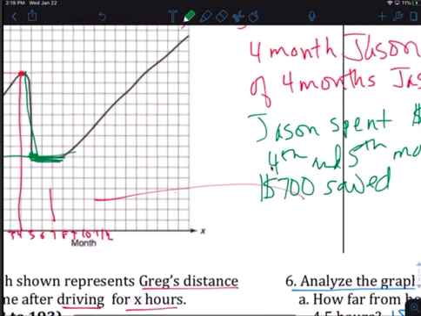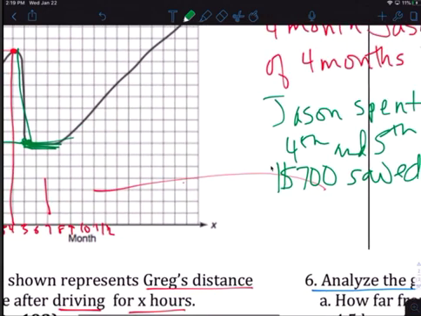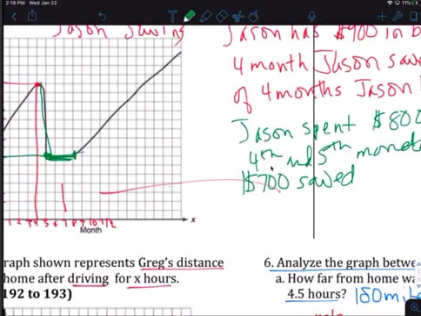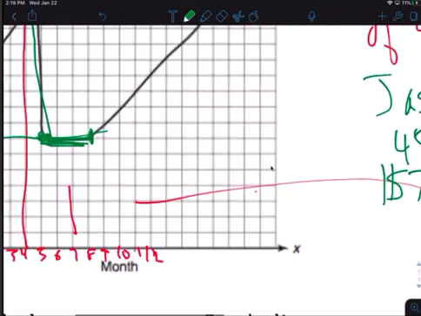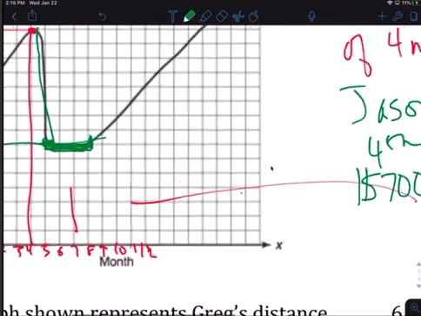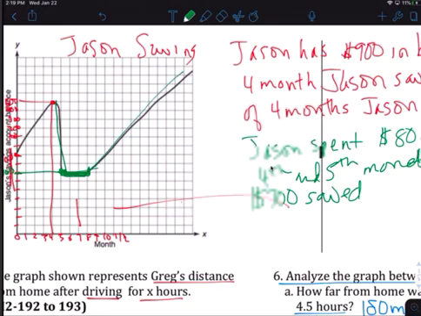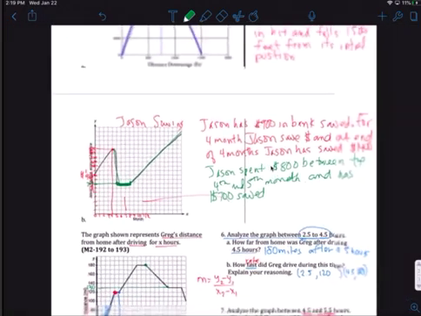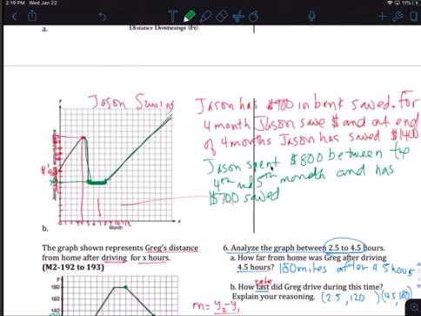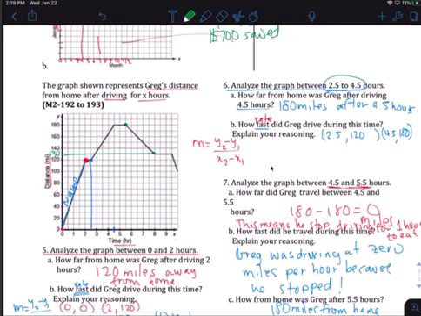Okay, for 5 to 8 months, Jason didn't save or spend any money. And after 8 months, Jason starts saving money every month and doesn't spend anything. That's what you would write. I'll let you finish writing it.